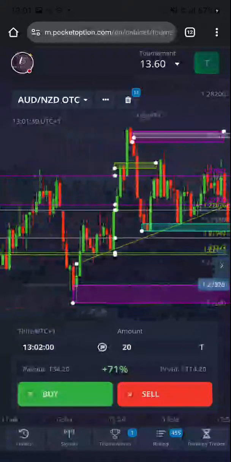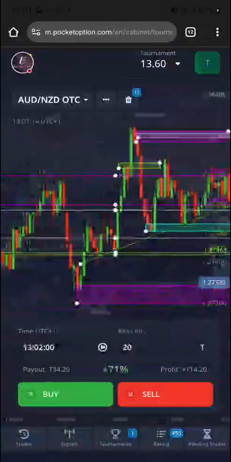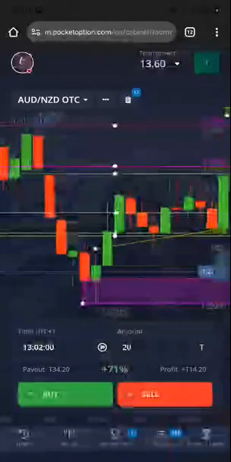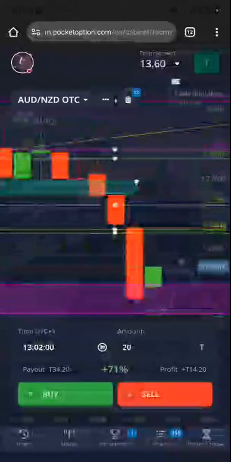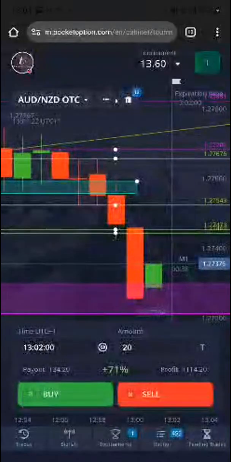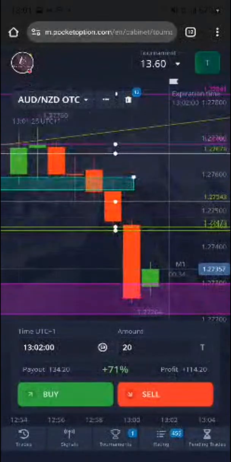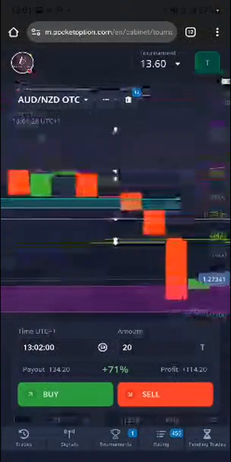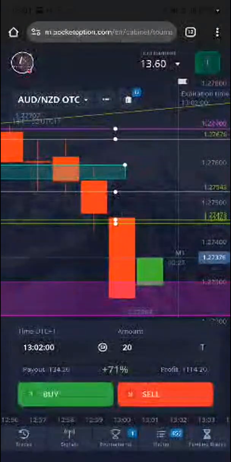And I was expecting the buyers here in this unconfirmed QM to be able to push the price to the upside. But now we have a gap up. You see, now this gap up is in favor of the sellers. So it tells you that the sellers are more likely to enter in this market. Now there's this thing called doji disrespect.